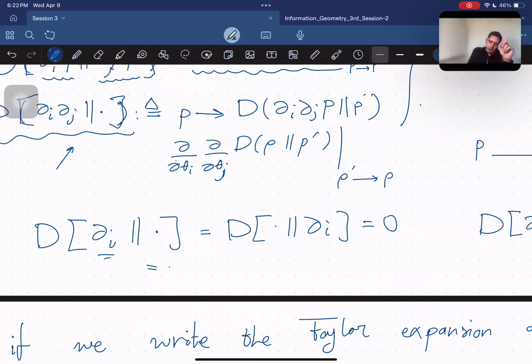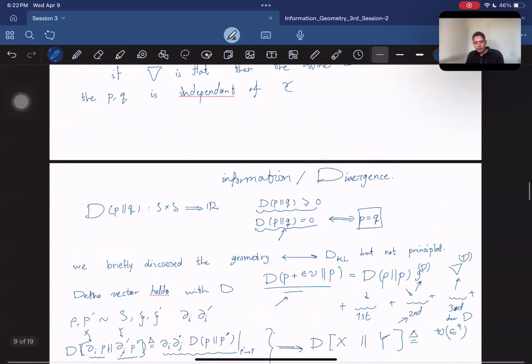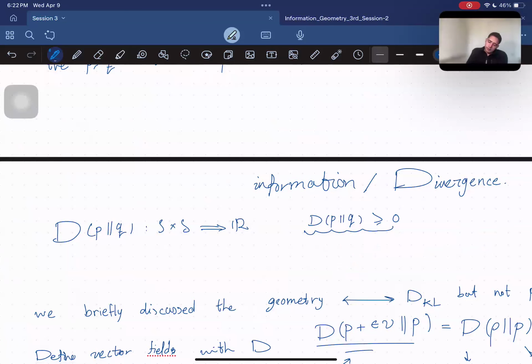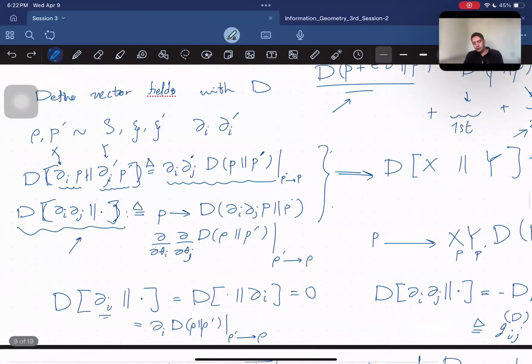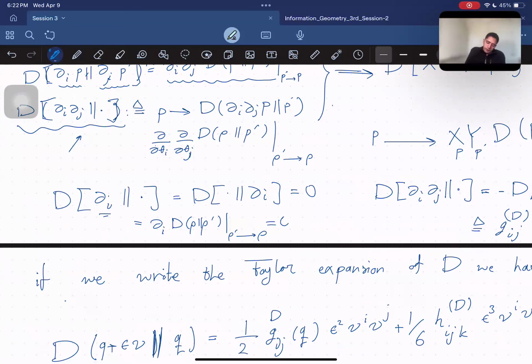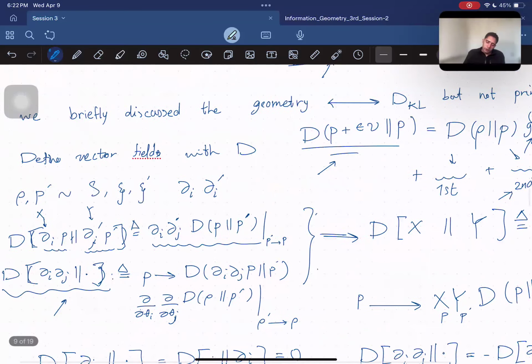Because this is nothing but taking the divergence of P and P prime, and then looking at the limit of distribution P prime going to P. But because of the first relationship I had for the divergence to be zero only on the diagonal, this would be zero. So the first coordinate of Taylor expansion is zero.